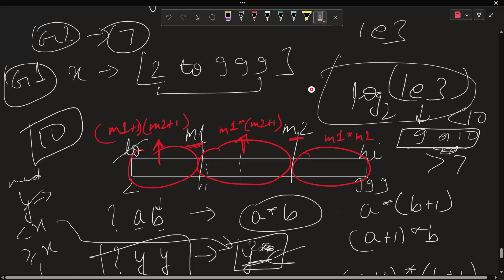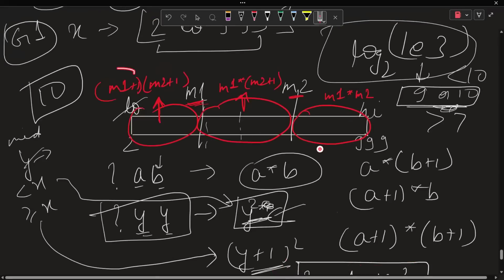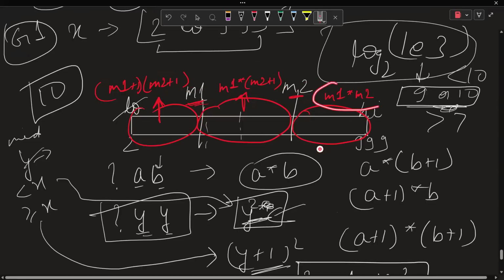And then we would make a query of M1, M2. We would check the result of the query. If the result is this, I would say my X falls in this range, reduce the high to here. If the result of the query is this, I would say X falls in this range, make low here, high here. If the result of the query is this, I would say X falls in this range, make low here.